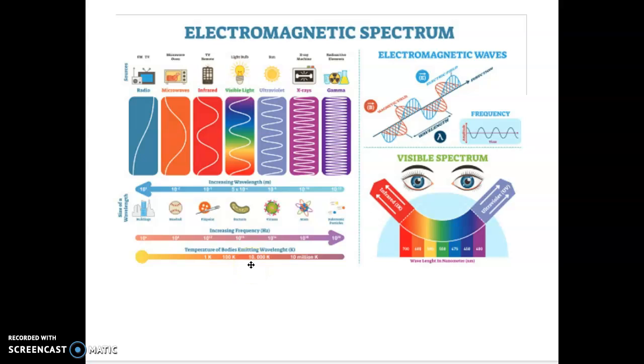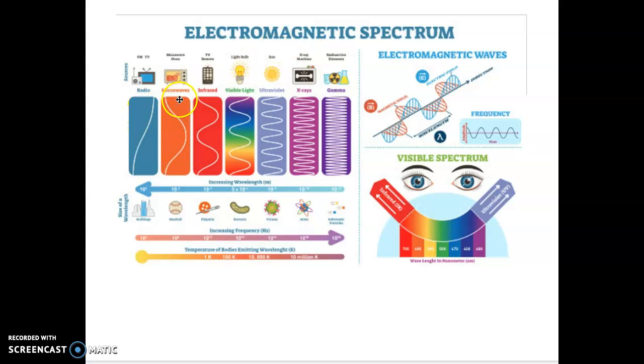This is something we will cover in topic 8, we don't need to go over it now. But basically, any object that has energy will radiate some kind of wave, and those waves that are radiated are called electromagnetic waves. The full group of waves that is radiated is called the electromagnetic spectrum. And there's a whole bunch of them.